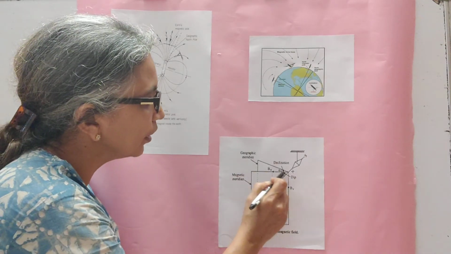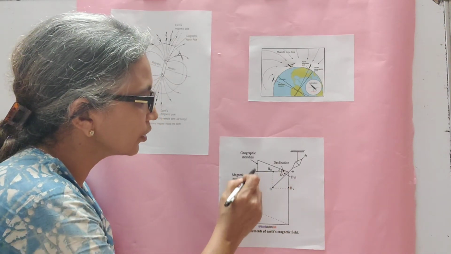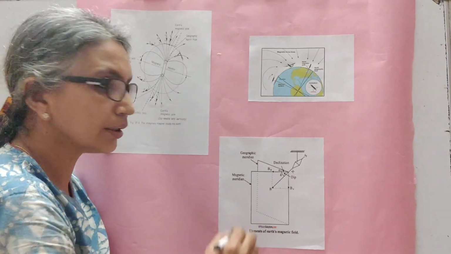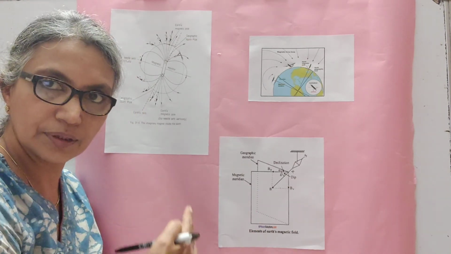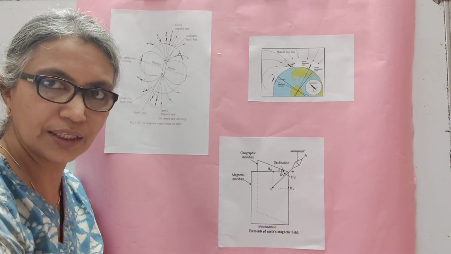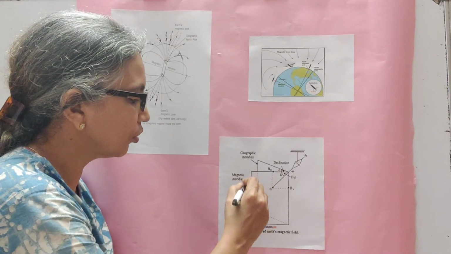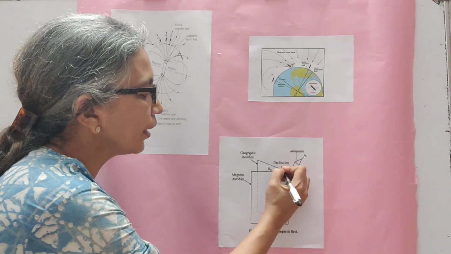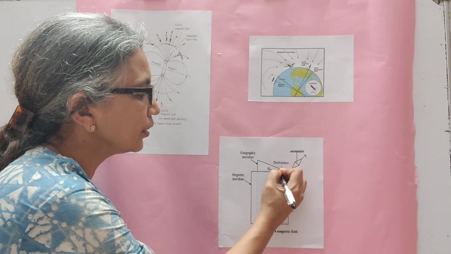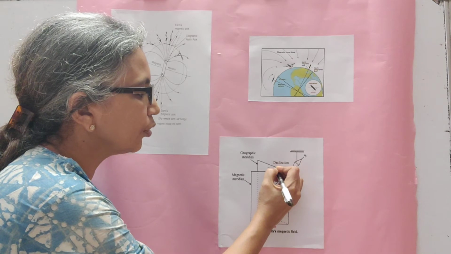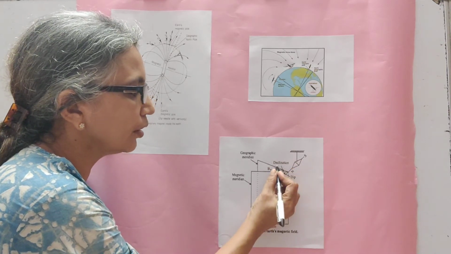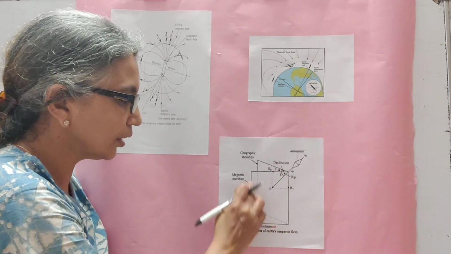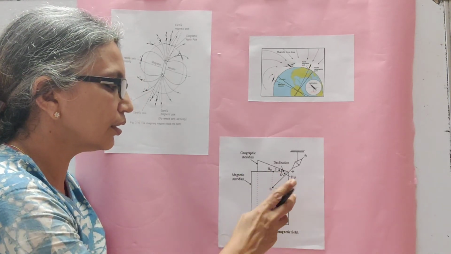And the vertical plane that passes through the magnetic field lines at that place is what you call the magnetic meridian. The angle between the two meridians is what you call the angle of declination, D.